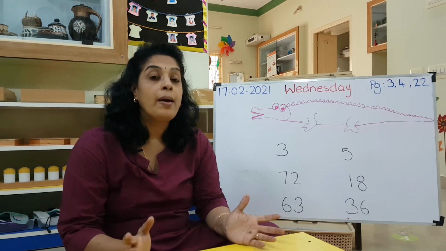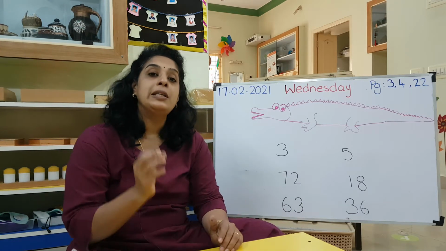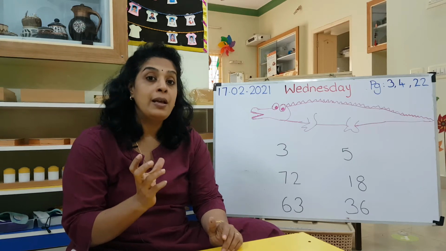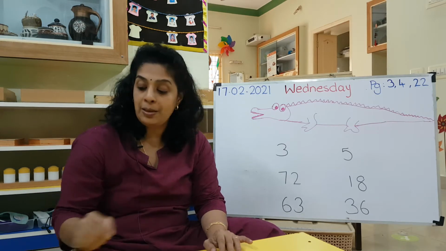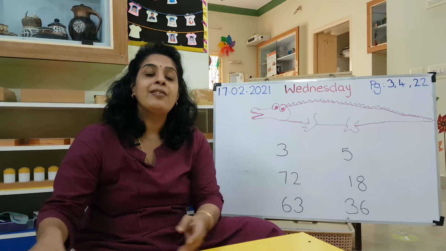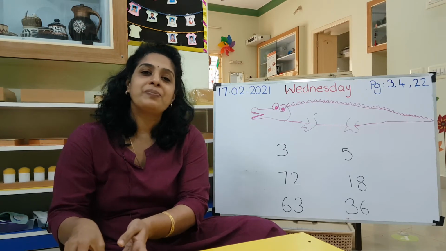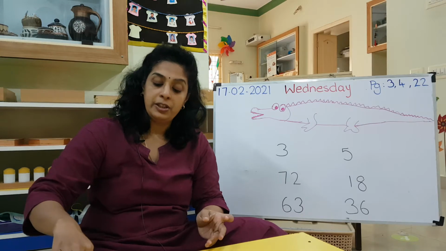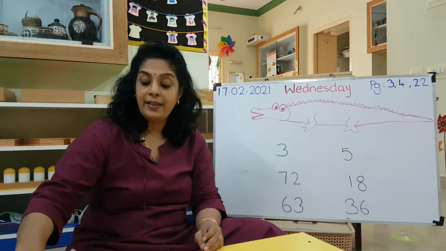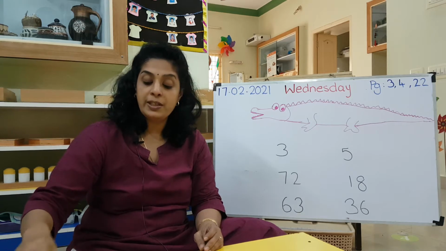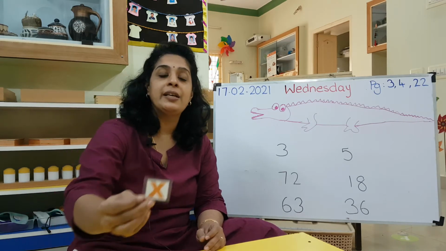Only thing is now I am going to introduce you to a symbol. A symbol is a way of representing. For example, you know what the symbol for addition is, right? The plus symbol. This one. And then we did multiplication. What is the symbol for multiplication?